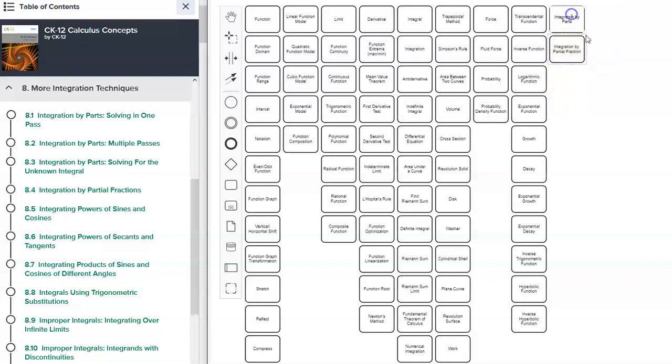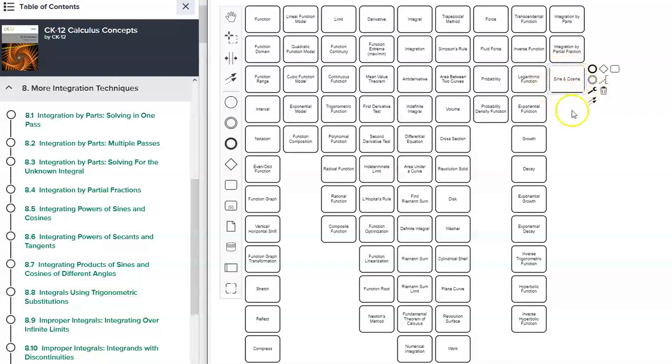So it's interesting. You can integrate by a part of something, or you can integrate by a partial fraction of something. Integrating powers of sines and cosines. Secants and tangents. So we've introduced a few new things here. We introduced sine and cosine.